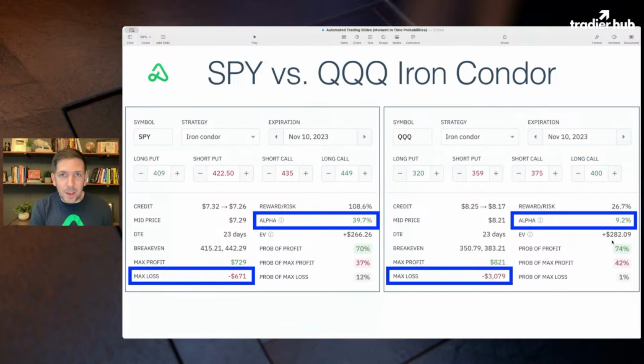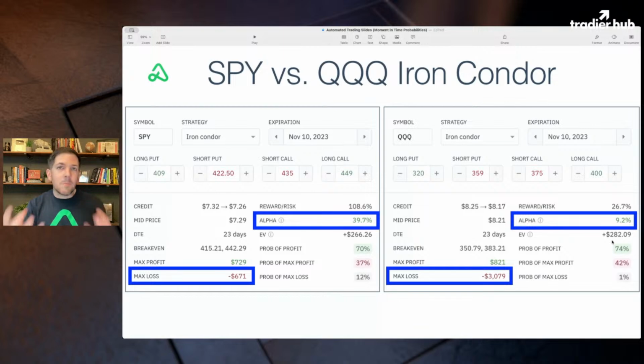So the alpha, the amount of positive expected value that you're generating per unit of real risk that you have to take to have that position on, is way better in the SPY position. This is why we started talking last time about this idea that you don't just want to take the highest positive expected value trades, because those could also come, like this QQQ position shows, with a lot of additional risk they're not factoring in.